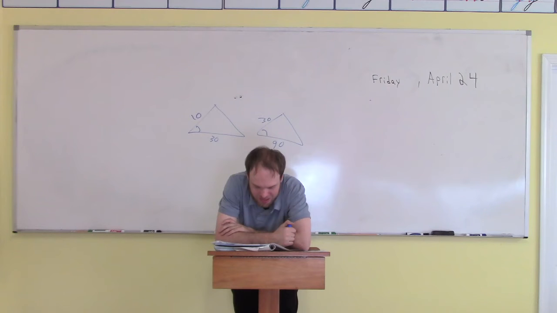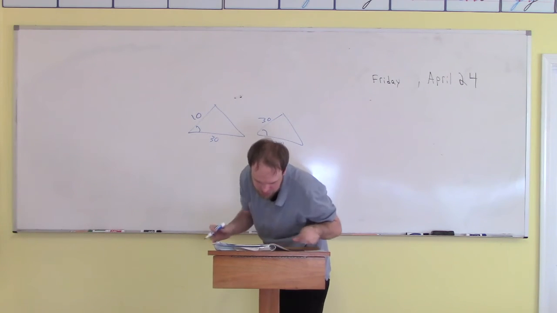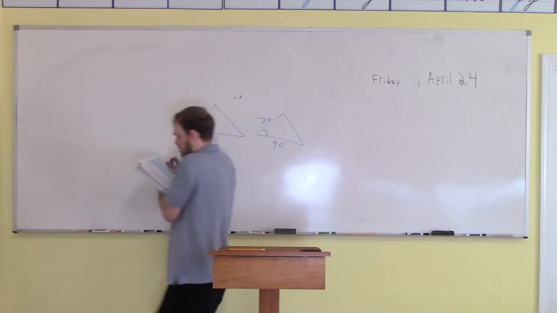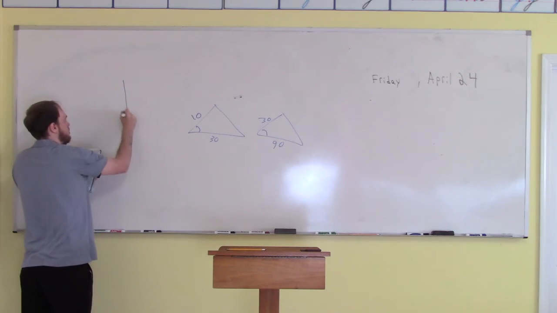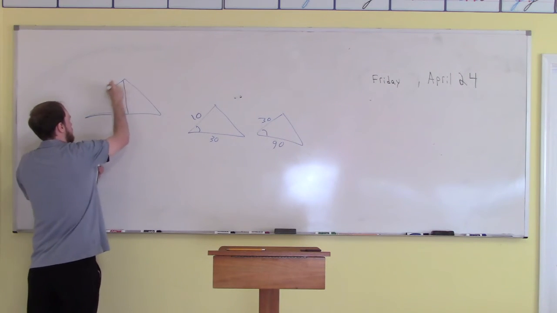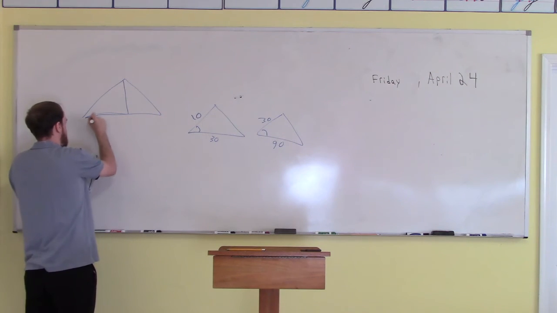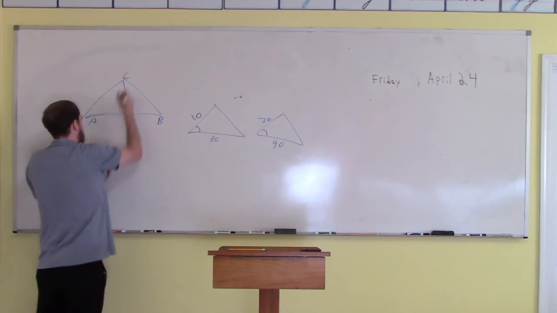Looking at 19, 20, and 21, we had the altitude to the hypotenuse thing. And so, for example, I'll look at number 20 with you. So 20 says that we have this triangle, and they tell us that it's AX, BC.